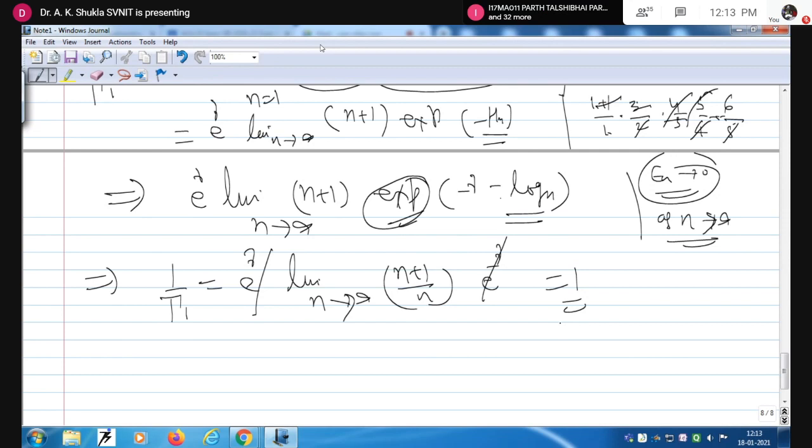Hence we can say gamma 1 equal to gamma 1.